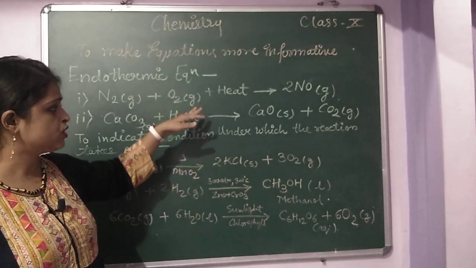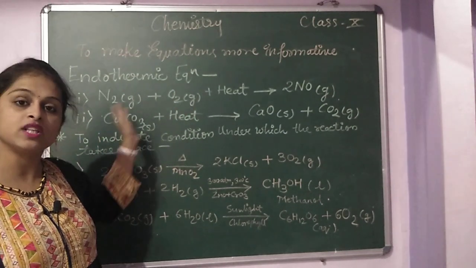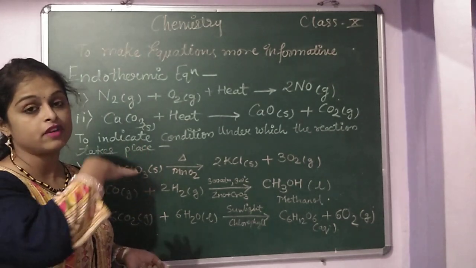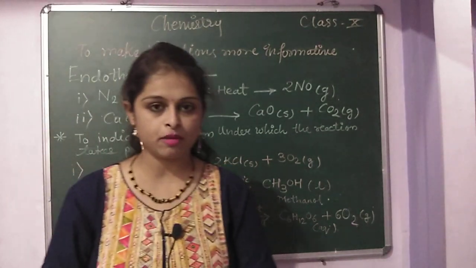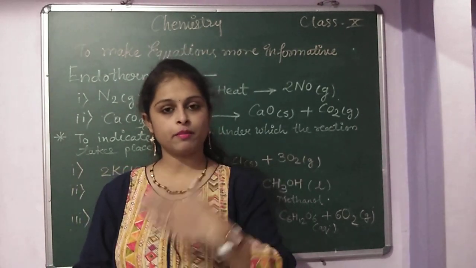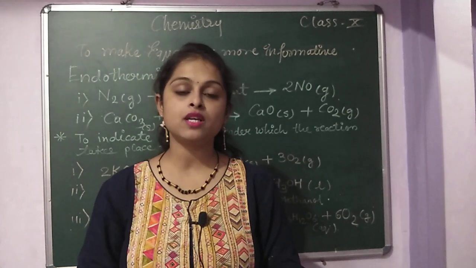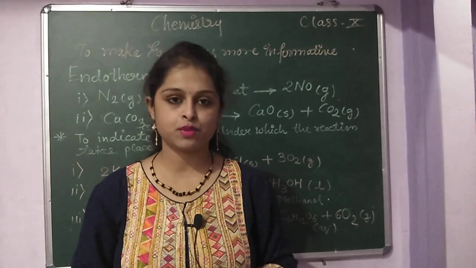So in short, if it is written along with the reactants, these are all endothermic reactions, and when heat energy etc. is written along with the product side, it means they are exothermic reactions. Is it clear? Exothermic, heat is evolved, and endothermic, heat is absorbed.